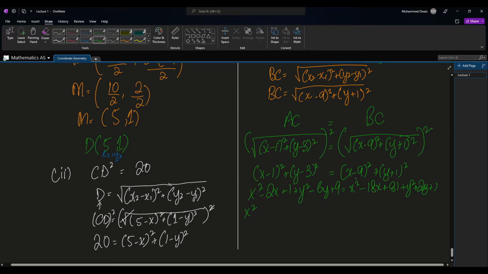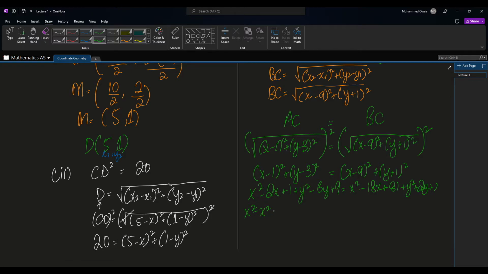This x square will leave, so x square minus x square. Now then, minus 2x plus 18x plus 1 minus 81 plus y square minus y square minus 6y minus 2y plus 9 minus 1 equals 0.